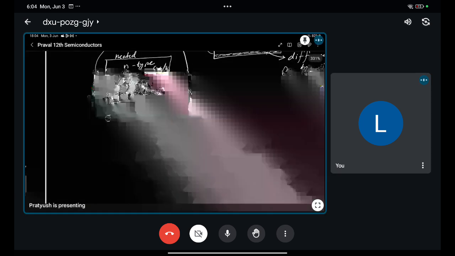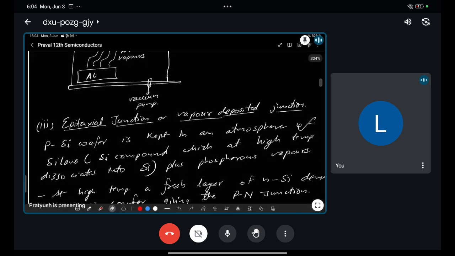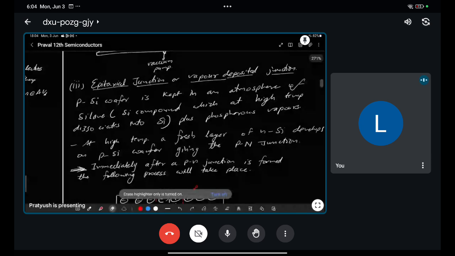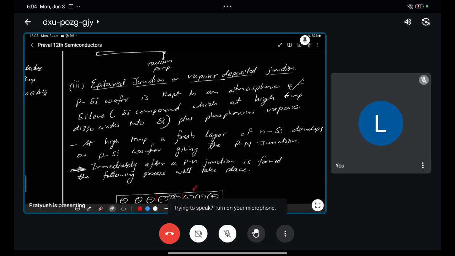Now next is the epitaxial junction or vapor deposited junction. In this, what happens? A P-type wafer is kept in an atmosphere of silane. Silane is actually a silicon compound. At high temperature, it dissociates into silicon.